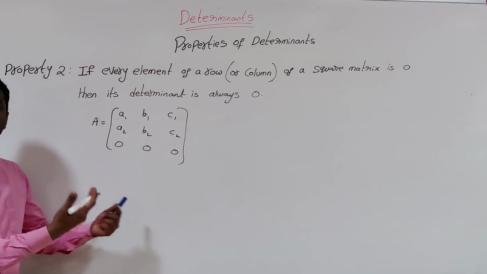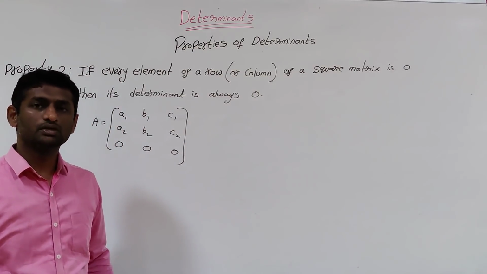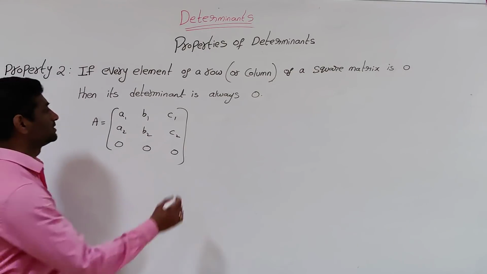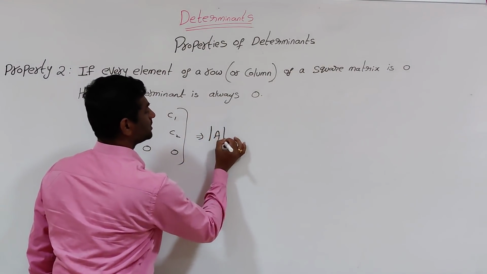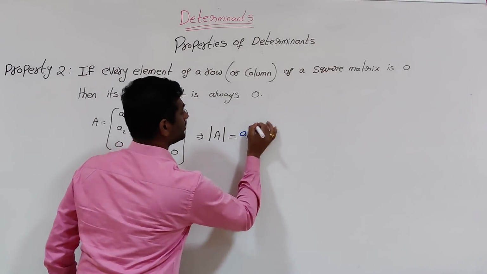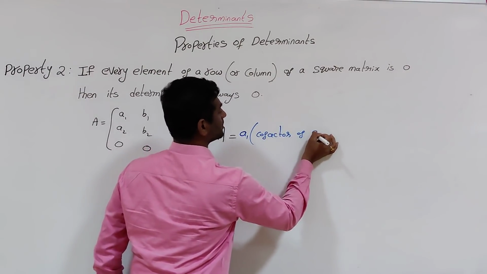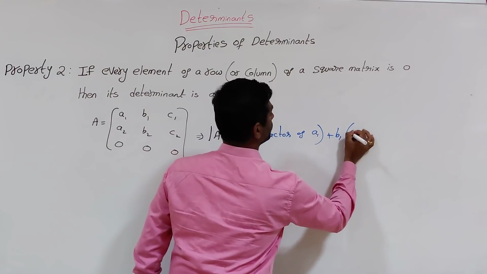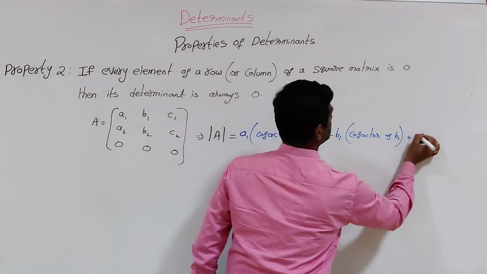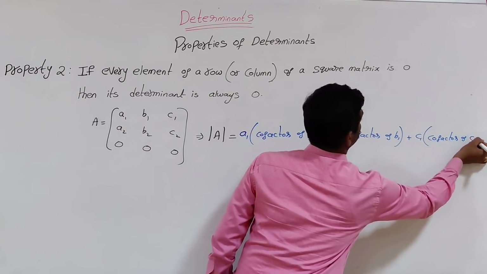Then, without using the definition of the determinant, we can easily say that the determinant is always 0. How will it be 0? We'll see. Determinant of A is equal to, using the definition and the expansion of the first row, A1 into cofactor of A1 plus B1 into cofactor of B1 plus C1 into cofactor of C1.